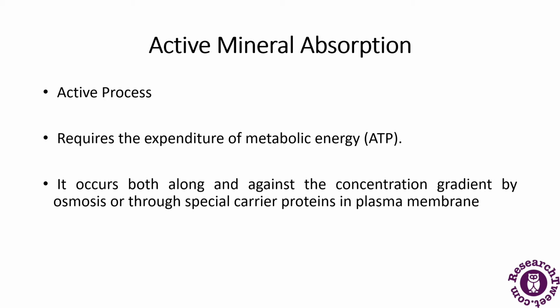It requires the expenditure of metabolic energy, which means it requires ATP for its functions. It occurs both along and against the concentration gradient by the process of osmosis or through special carrier proteins in the plasma membrane. So they will also help in the special proteins.